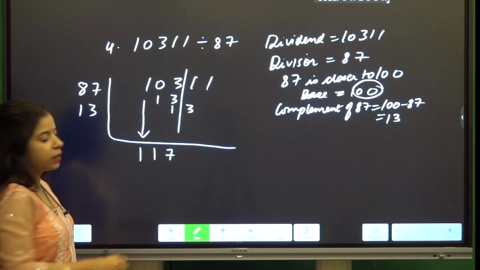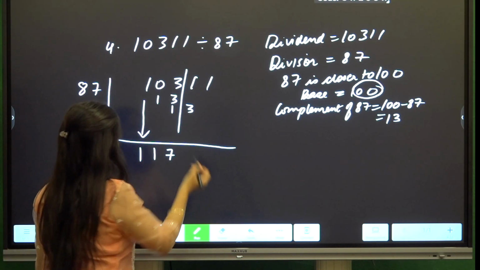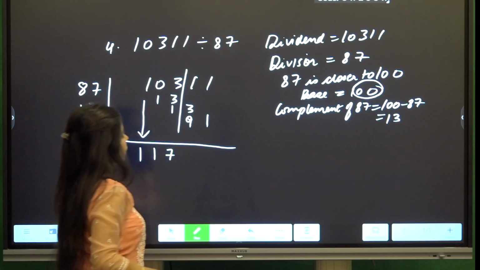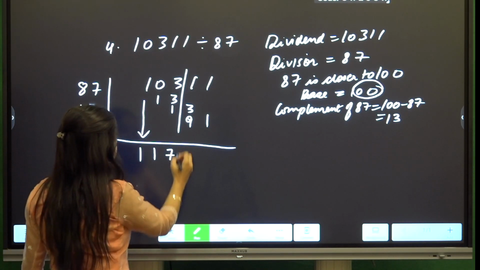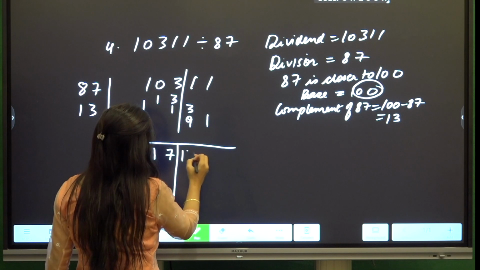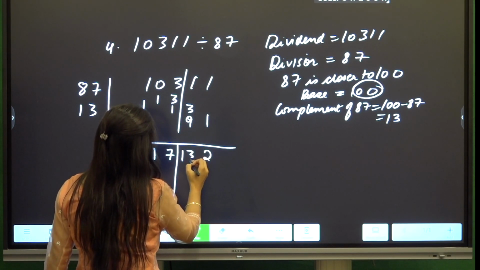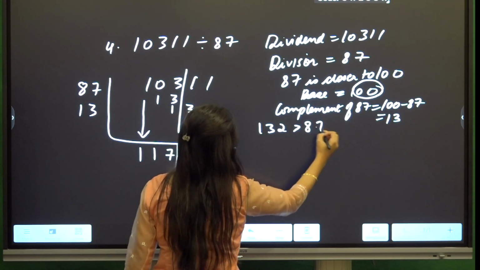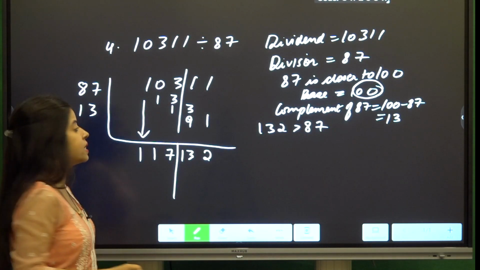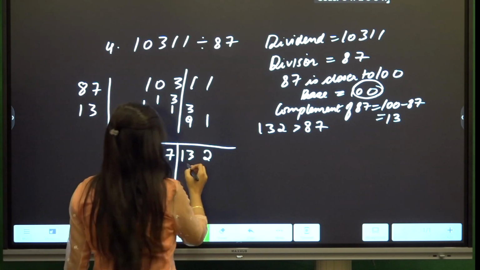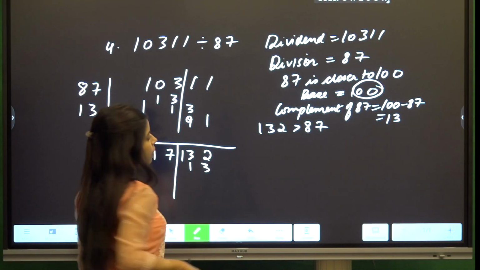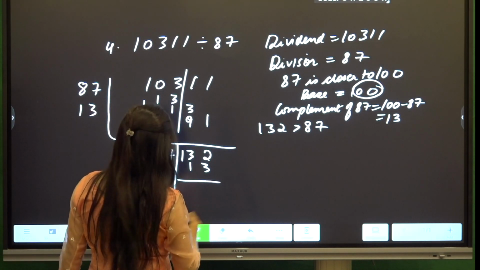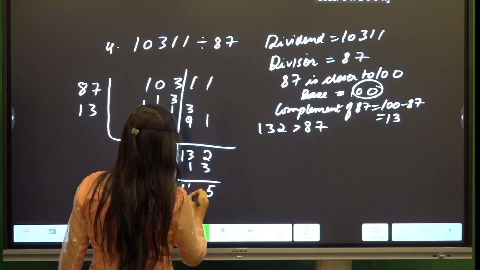Next, again multiply 7 with the complement and this will become 91 and place this here. Okay. So this will become 132. Now I can see that 132 is greater than 87. So the next step I am going to follow is I am going to add the complement in the remainder part and this will become 5, 1, 4.